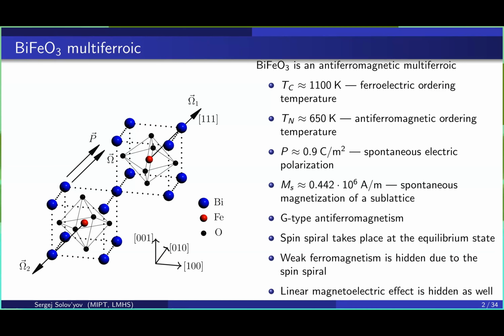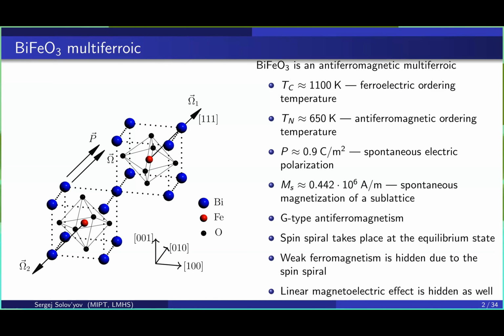The ferroelectric order parameter is electric polarization, which you can see on the left side of the slide in the picture, the vector P. And the second order parameter is the anti-distortion vector, which is omega. The anti-distortion vector is a difference of rotation vectors omega 1 and omega 2, and it describes oxygen octahedral rotation in neighboring pseudocubic perovskite-like cells.